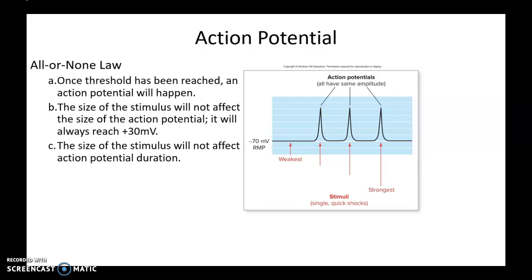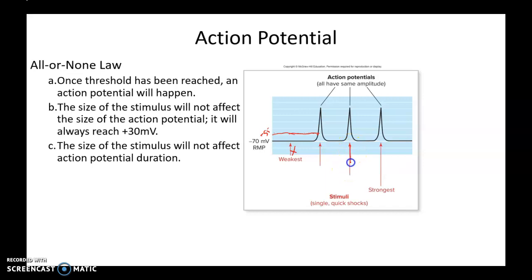Now let's look at the second one. This cannot generate an action potential because threshold is not reached. What about the next one? Well, this one is strong enough that the threshold is reached, and let's say this is -55 in red. And once threshold is reached, obviously you have an action potential.